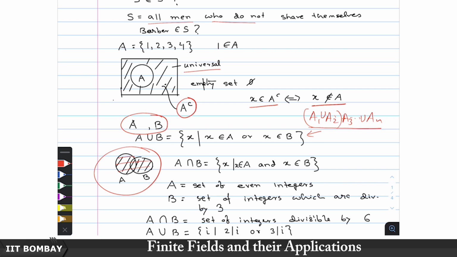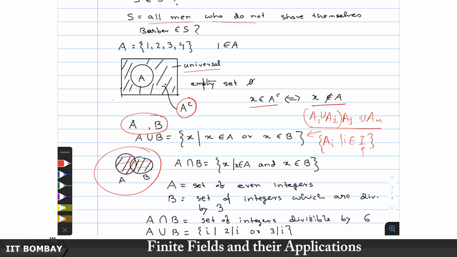So, suppose we have a collection of sets Ai, where i belongs to an arbitrary indexing set I. This can be an infinite set, a finite set, or even an uncountably infinite set. So, there can be many sets, and their union is also defined in the same way, that an element is in the union if and only if it belongs to at least one of those sets Ai for some i.